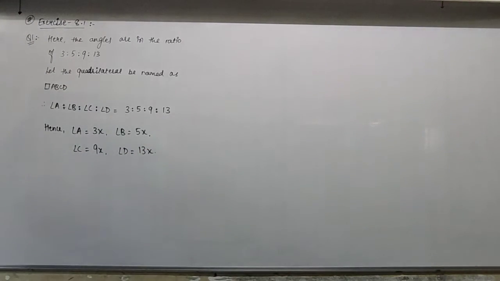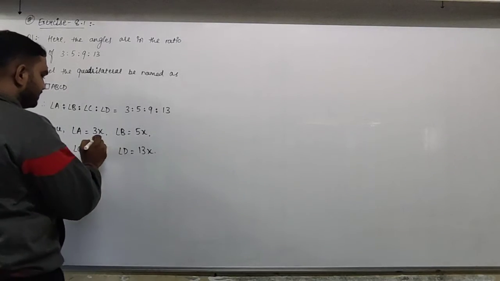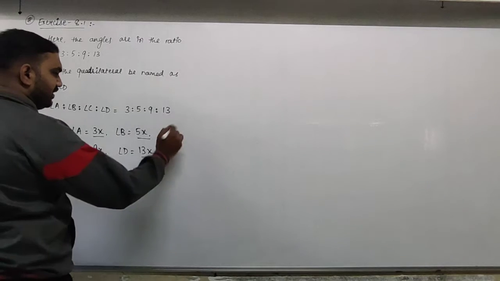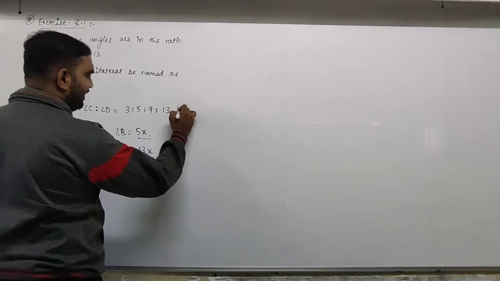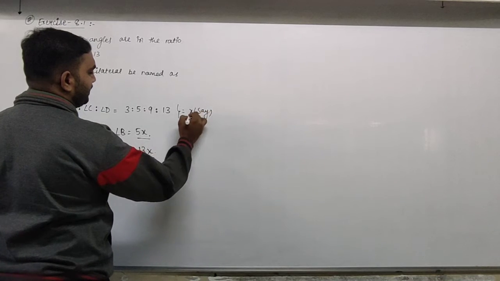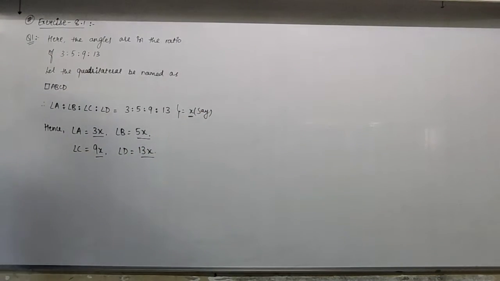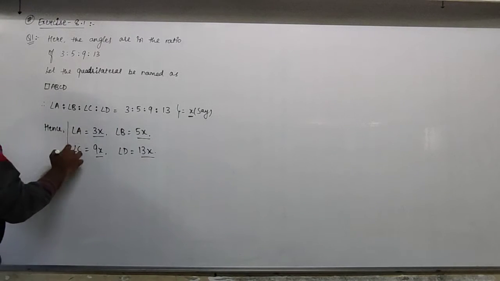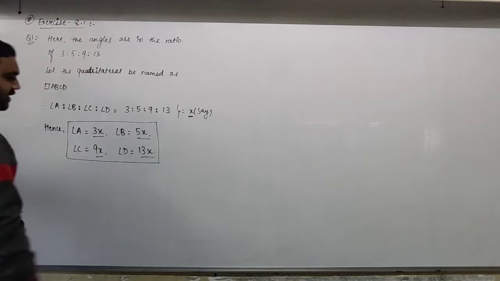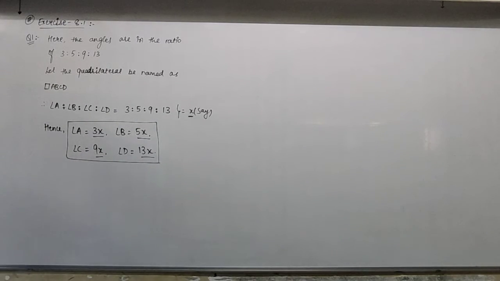So we can say the angles are 3x, 5x, 9x, and 13x. How? We take this ratio as x, and hence we get these four angles: angle A, angle B, angle C, and angle D. But we need to find the values of these angles.